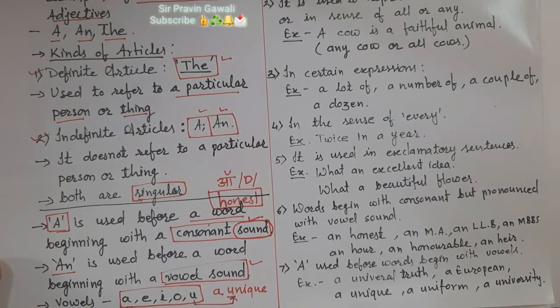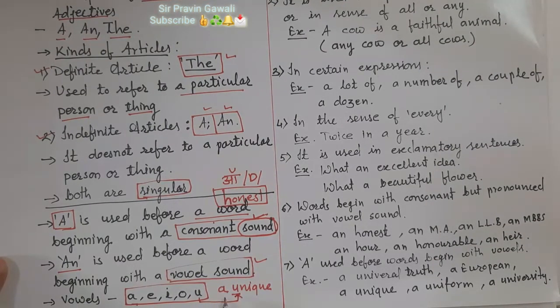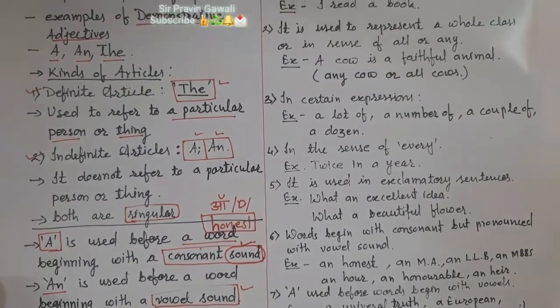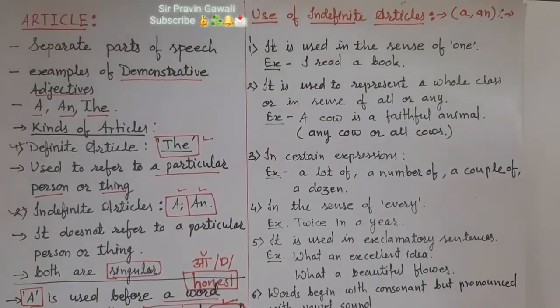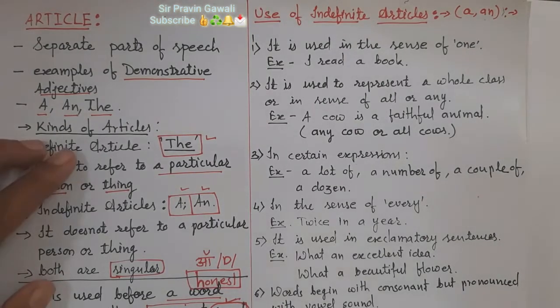Okay, students, have you understood? So here we will use a. So student, you should learn that whenever we use articles, we should pay attention to the pronunciation, not the letters, consonant or vowel.